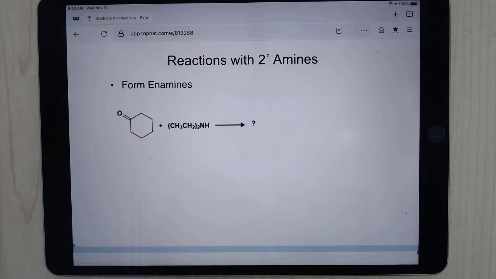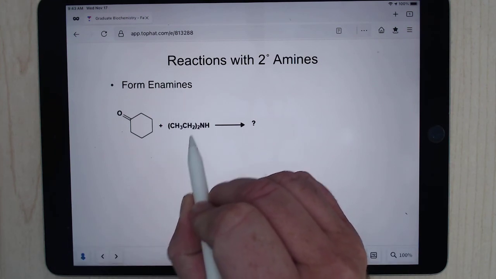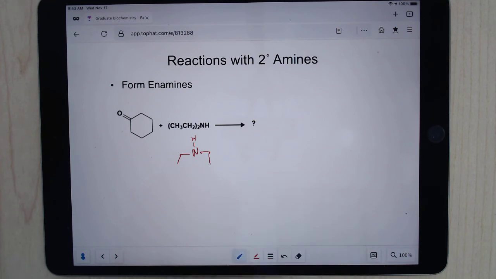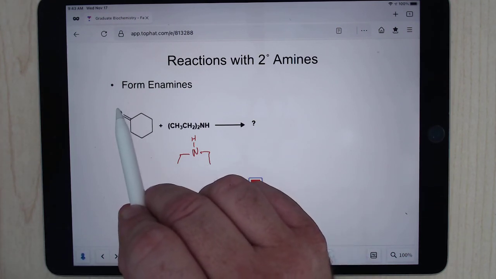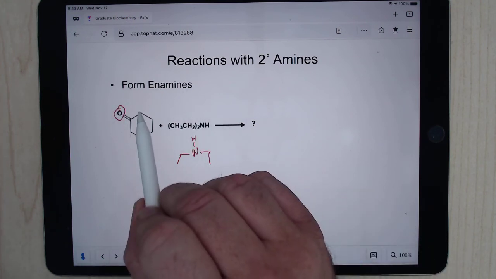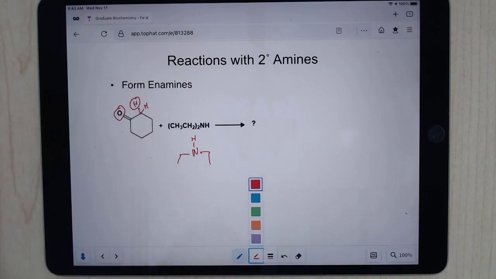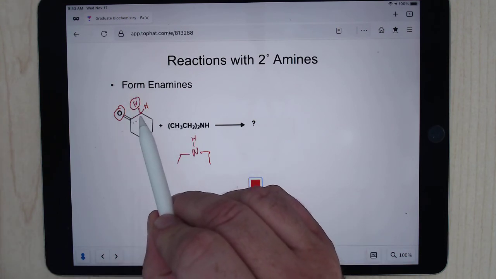So if you've got this nitrogen here, look at it that way. We're still going to replace that hydrogen, but the second hydrogen needs to come from over here, so that means the new double bond is going to be there.